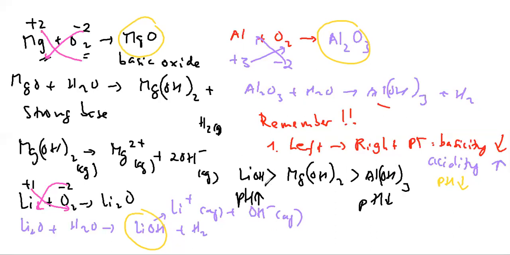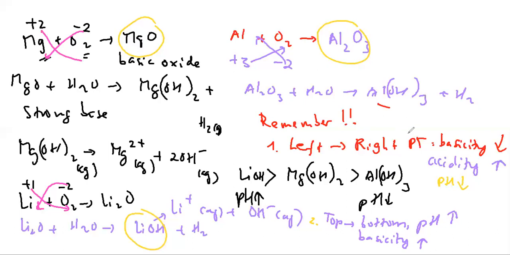Number two, how about the trend from top to bottom? From top to bottom, the pH and the strength of the base is higher, which means basicity increases.